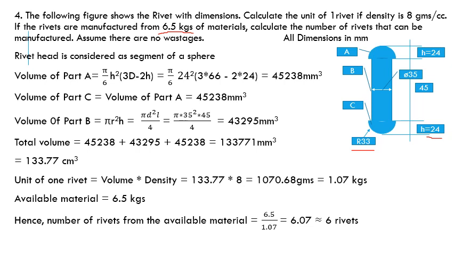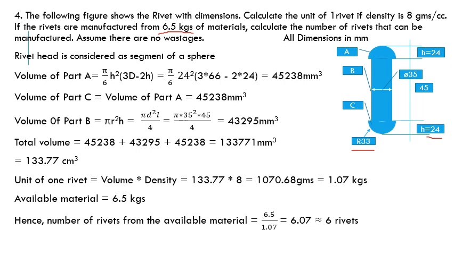All these problems are normally 10 marks problems. If the complexity of the figure is high, we may even expect 12 marks, but normally 8 to 10 marks are allotted for this problem. Very simple. Be careful over there. First identify the shape of that particular part, whether it's a cylinder, frustum of a cone, frustum of a pyramid, sphere, hemisphere, or segment of a sphere.